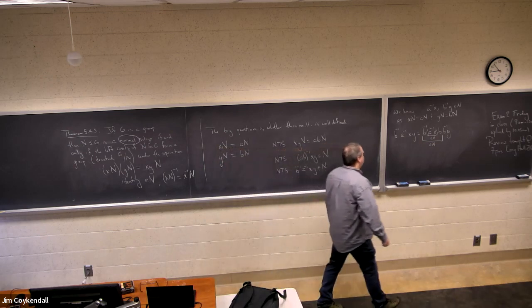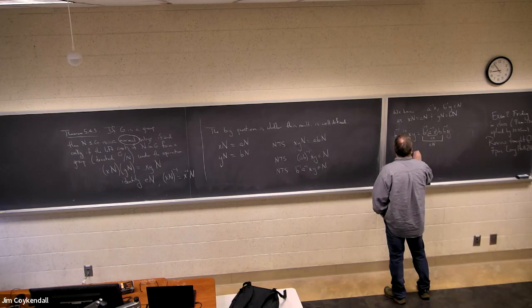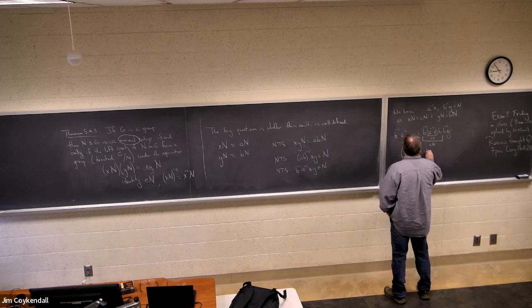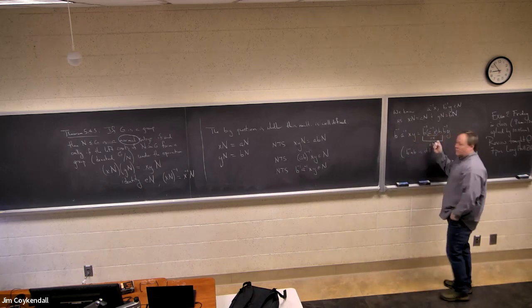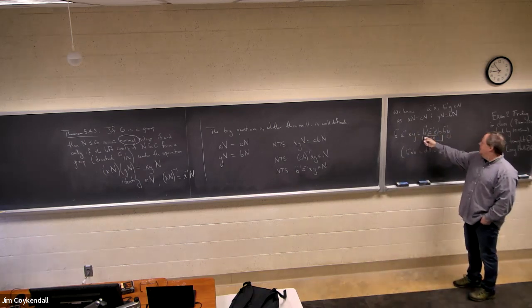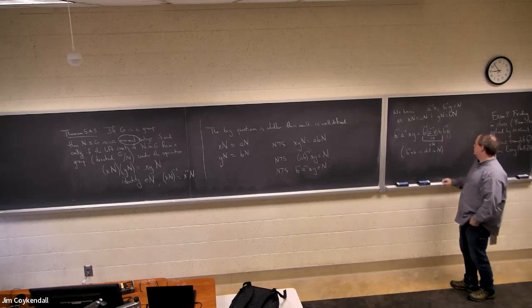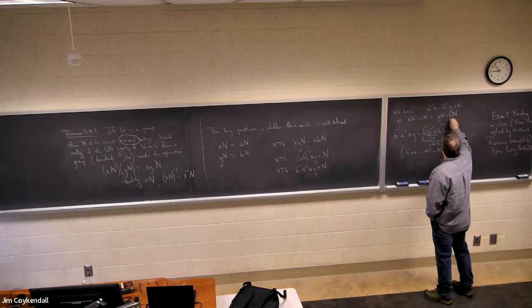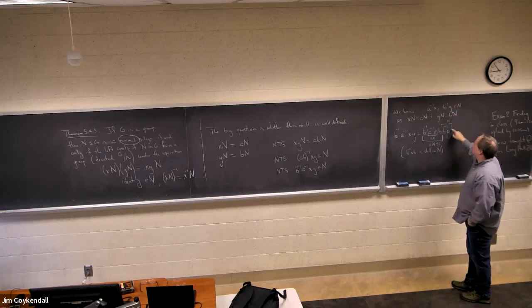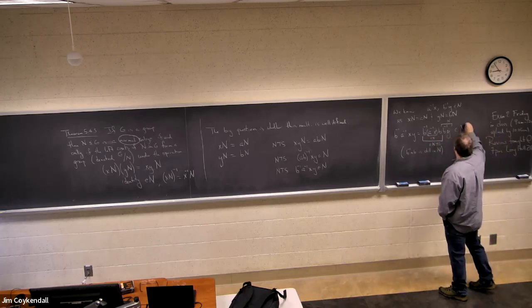And so that means that B inverse NB is still in N, right? So since that's in N, then B inverse NB is in N because it's normal. And this is in N as well, because B inverse Y is in N. So we've got this big orgy of things that are still in N.